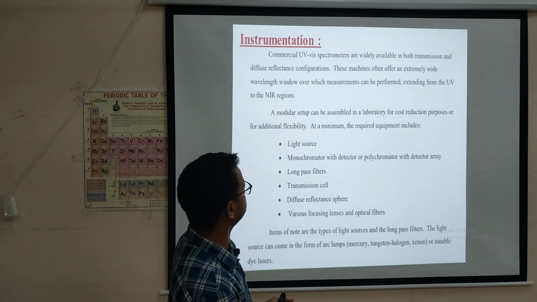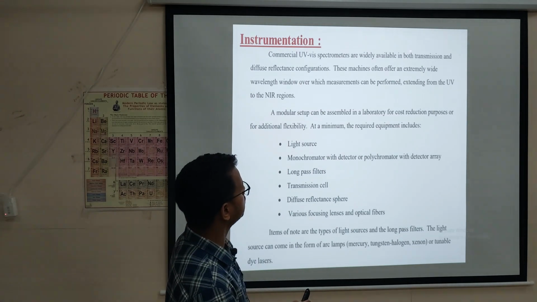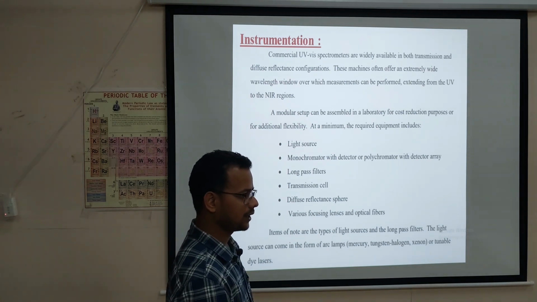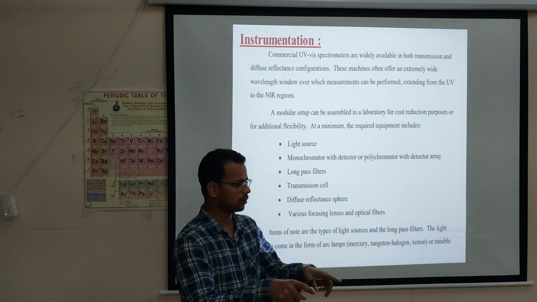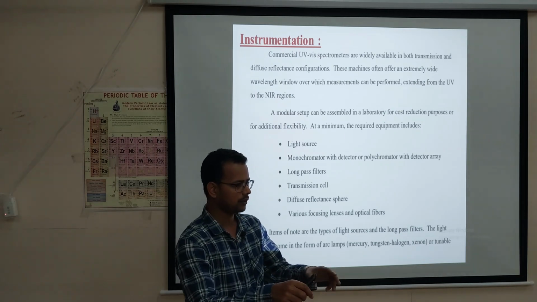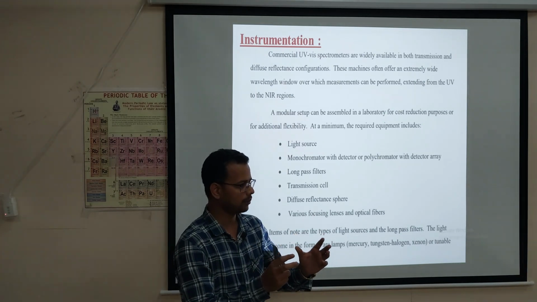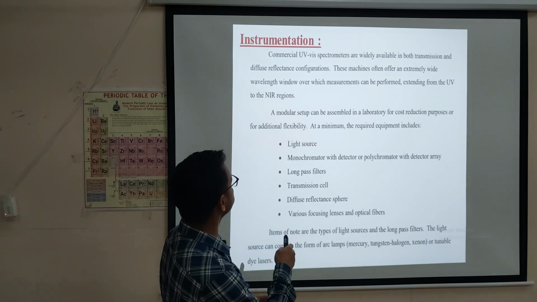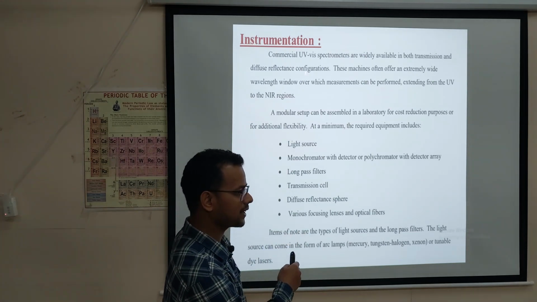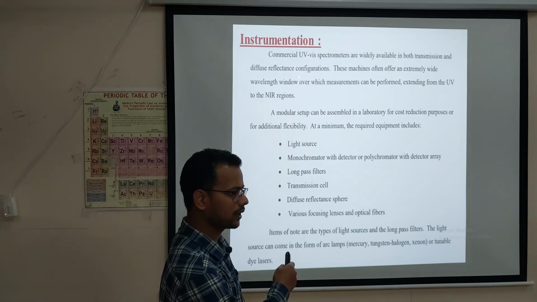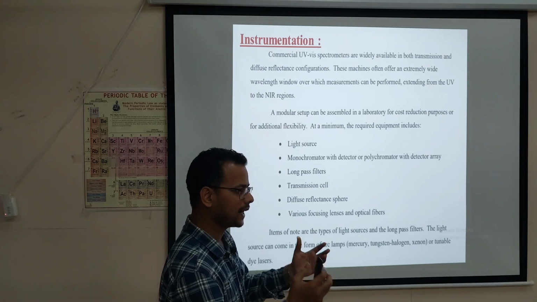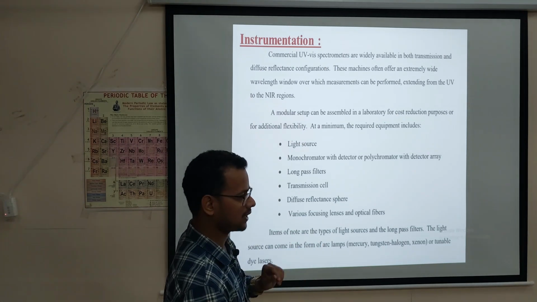Commercial UV visible spectrometers are widely available in both transmission and diffuse reflectance configuration. In this UV visible DRS instrument, we have a chamber which can collect and analyze the diffuse reflectance light.